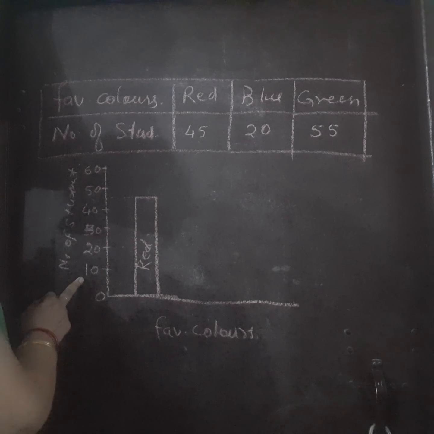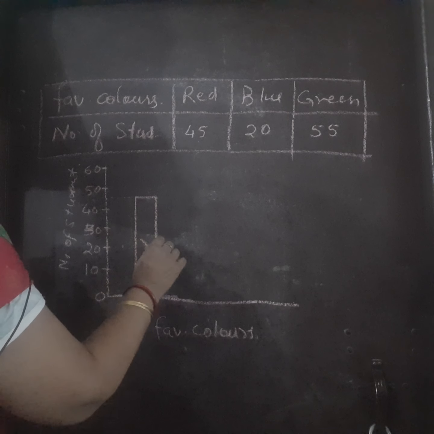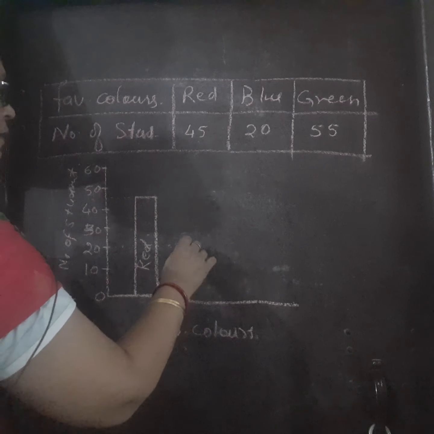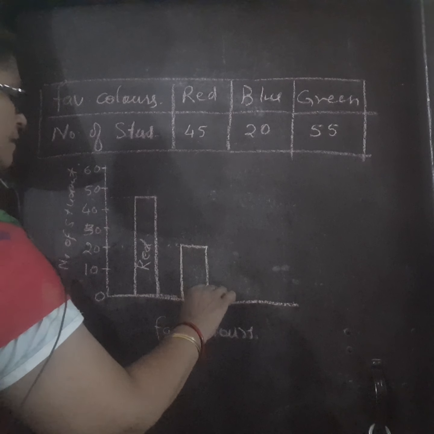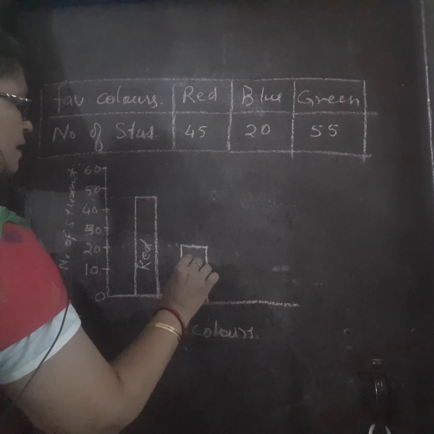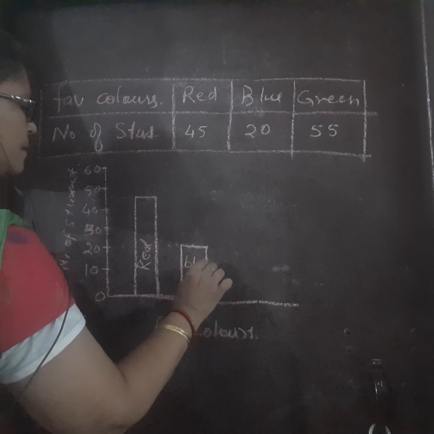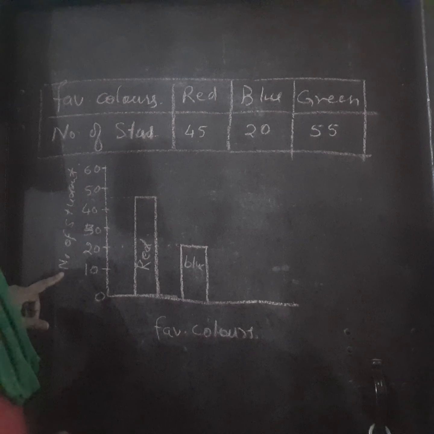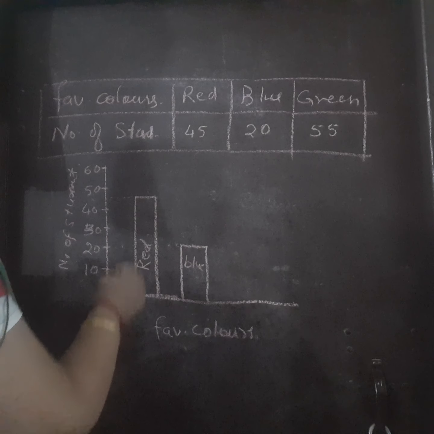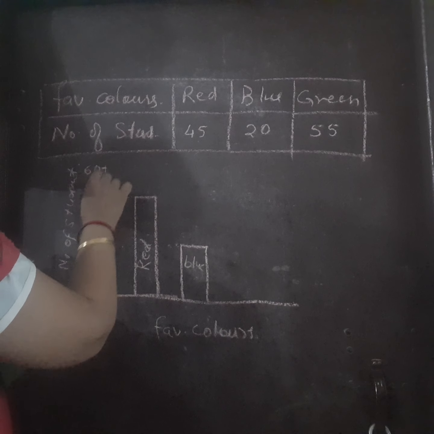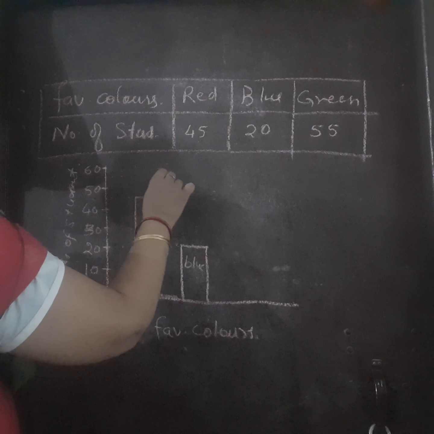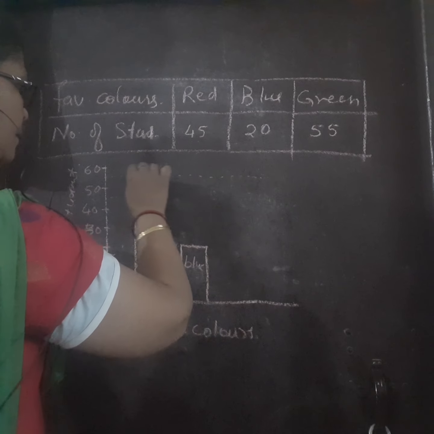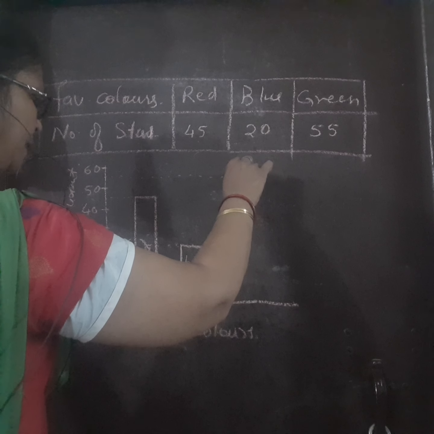So 20 is here on your board, so 20 will be somewhere here. Now here you can draw a bar which will represent blue color. Now third is green, that is liked by 55 students. So 55 will be above 50, so somewhere here you can use a scale to get the perfect place.